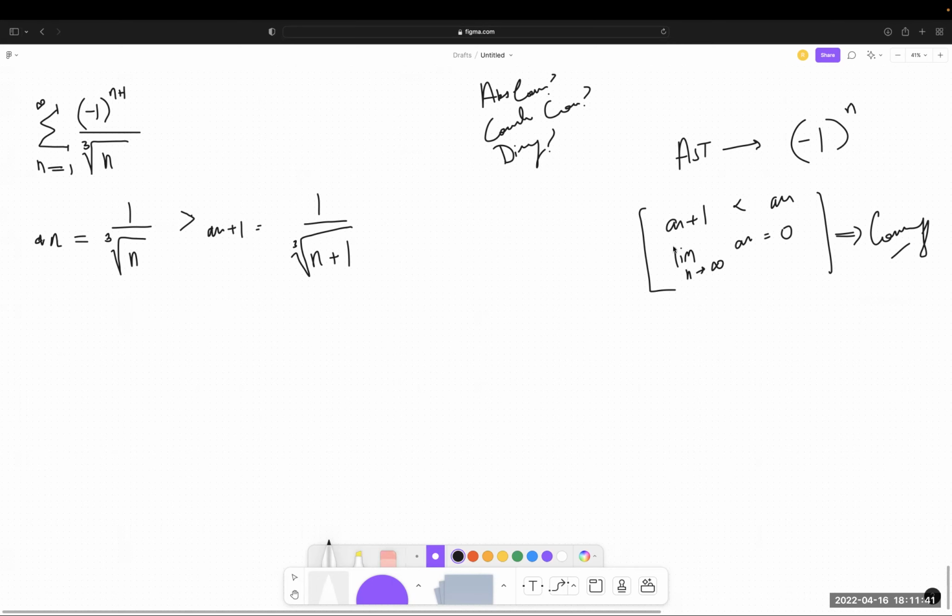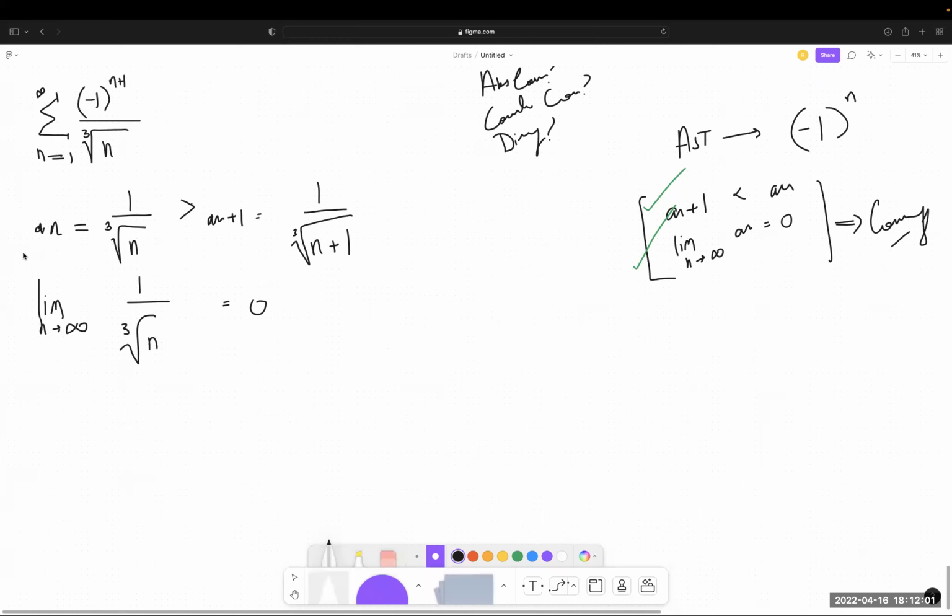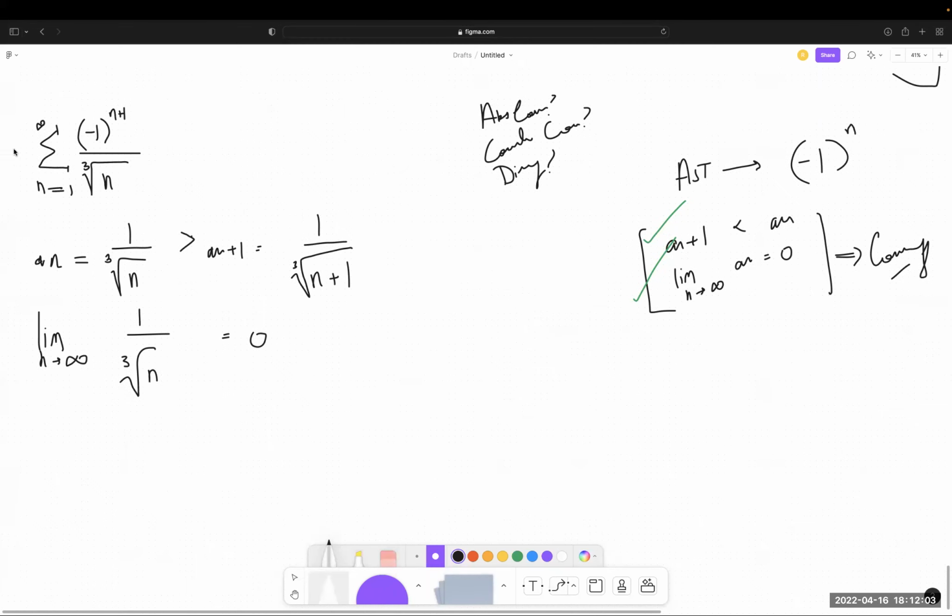And so that satisfies the first condition. The second condition is basically that the limit as n approaches infinity of a of n, not a of n plus 1, but a of n, is equal to 0, which it is. So the second condition has also been met. Therefore, we can say that this is convergent. So let's make a note there that the a of n is convergent.